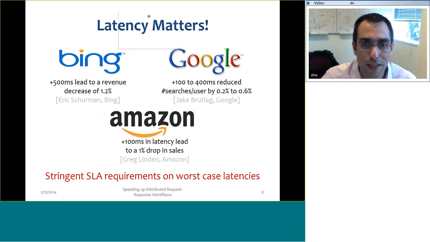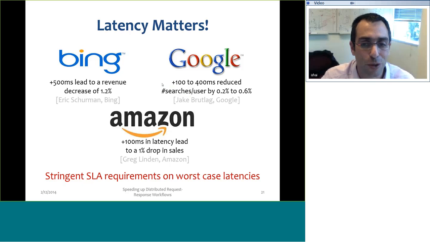This is more of an advertising slide, in the sense of convincing you that it's an important problem, and then you see some quotes from what I assume are important people. I didn't gather these quotes, but basically they state that there is a direct effect on business, on revenues or whatever, if the latency goes up.